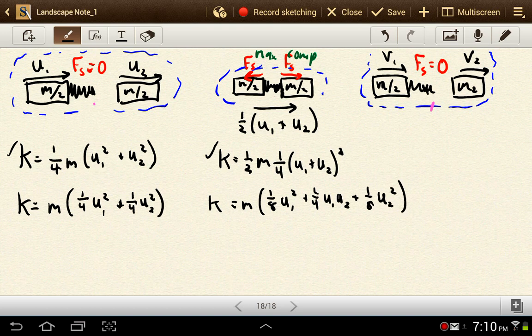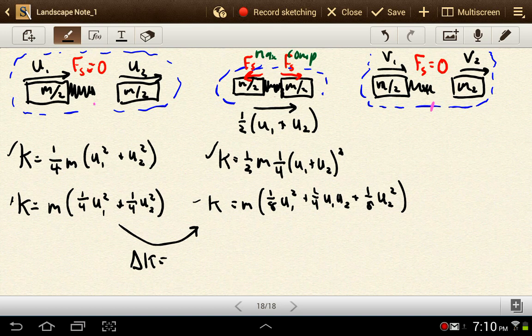So starting from here and going to here, for this step, delta K is going to be the final kinetic energy minus the initial kinetic energy.